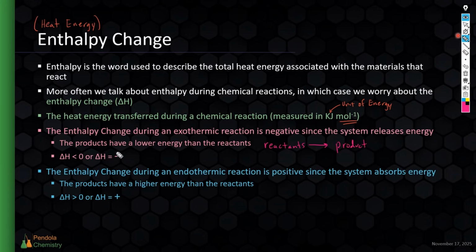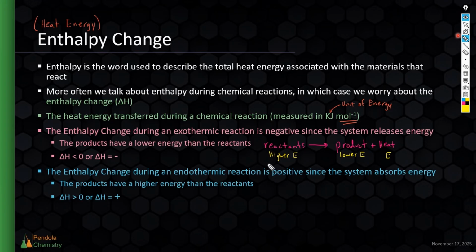then in an exothermic reaction, because delta H is negative, because heat energy is given off, we can think of heat as a product. So the reactant gives off a product and heat, which means that the reactants have higher energy than the products, which have lower energy. Where is that extra energy going? That extra energy is the heat that's being released.